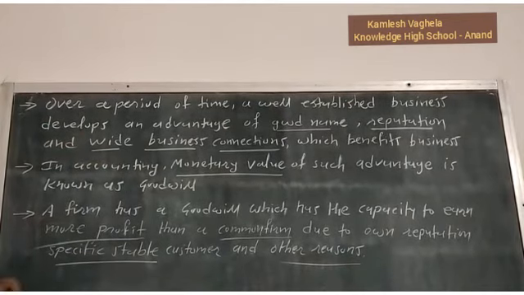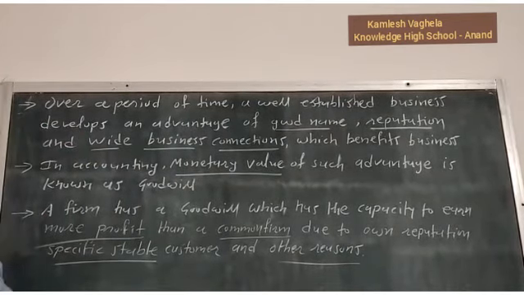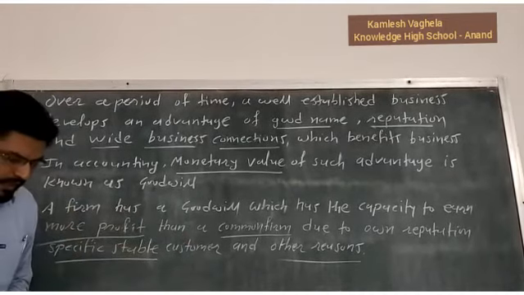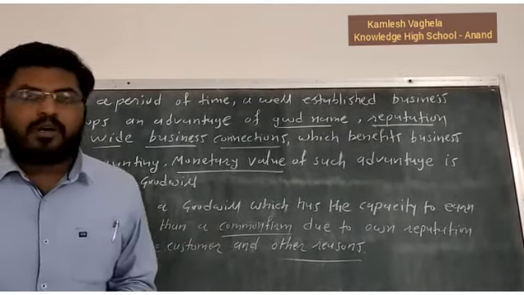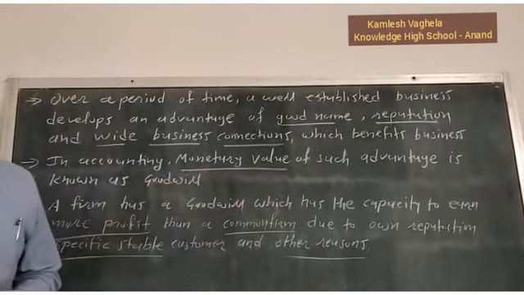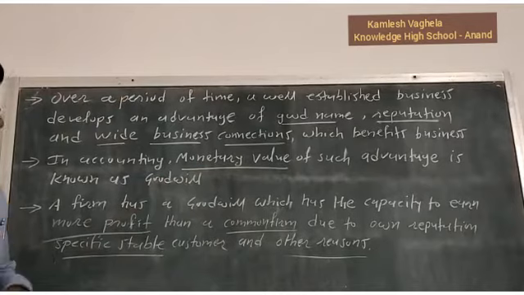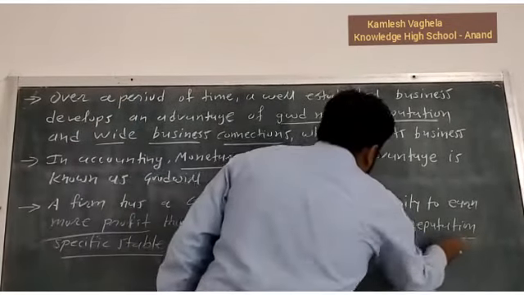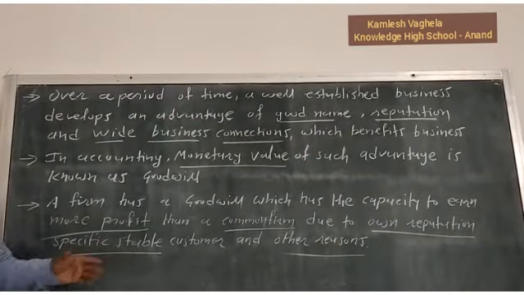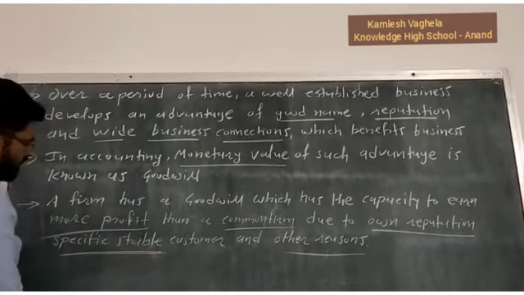So here you can say a firm has goodwill which has the capacity to earn more profit than a common firm, means our firm earns more profit compared to other firms. And why is our firm earning more profit? Because of our reputation in the market, that is our name. Then specific stable customers. Specific stable customers are what?